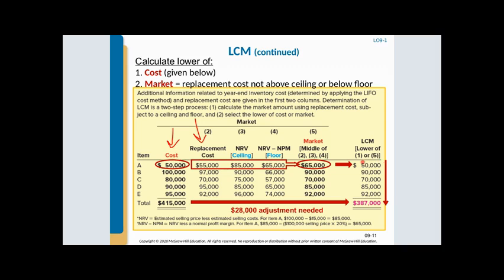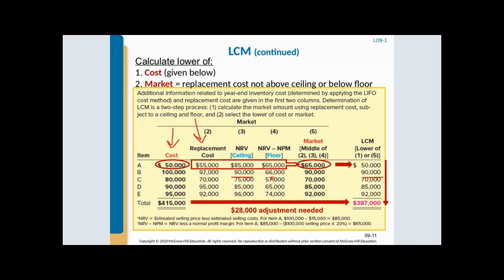Now we have cost and replacement cost. In this case, replacement cost is higher than cost, and replacement cost is greater than the ceiling, but we can only go up to the ceiling, and therefore we are choosing the ceiling here. Again, cost and replacement cost, replacement cost is lower.